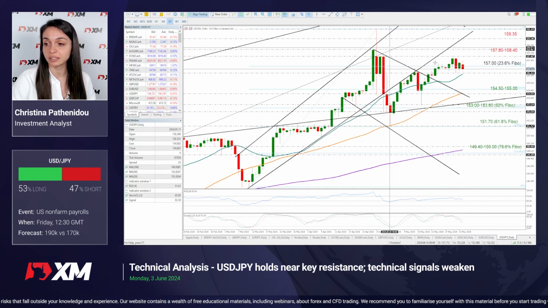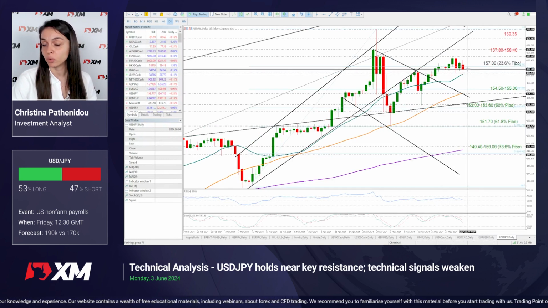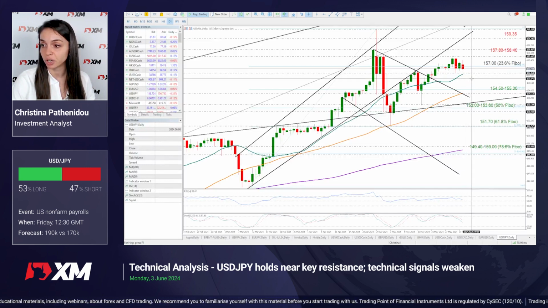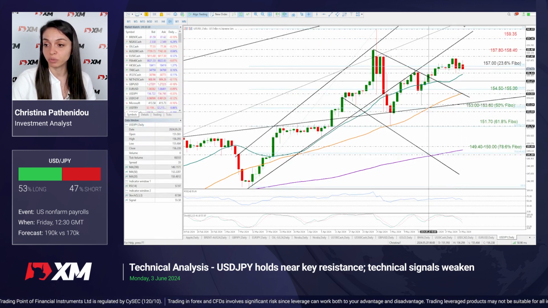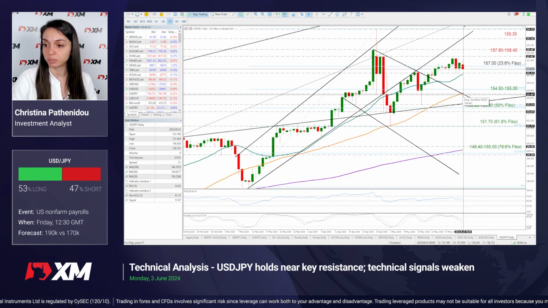So if the data disappoint, then we may see a negative correction, probably a break below the 20-day moving average, and the 156.35 territory could confirm additional losses towards the 154.50, 155 territory, where this broken descending trend line and the 50-day simple moving average are both placed.